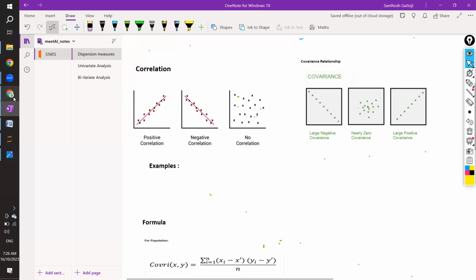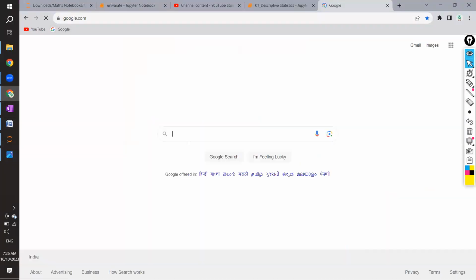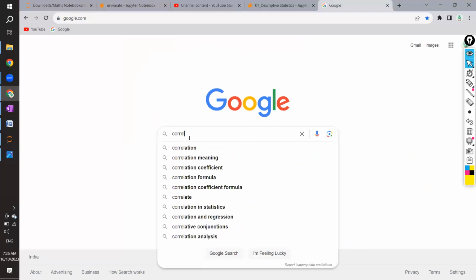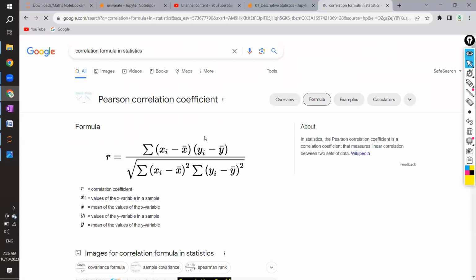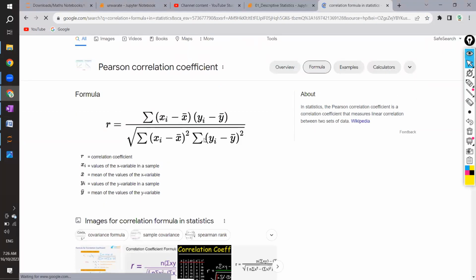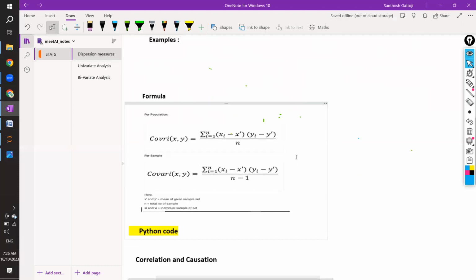Now the formula for correlation in statistics, if you see, this will be it. It's very, very simple. If you see the covariance formula, it will be the same.